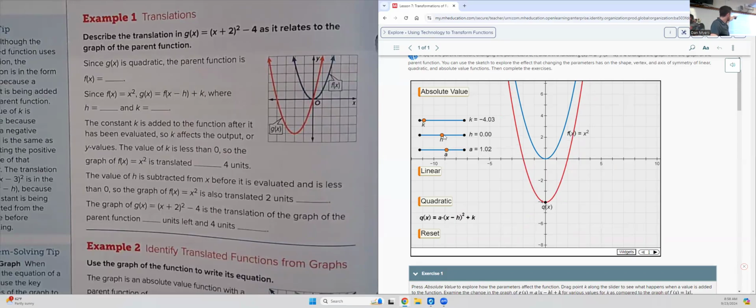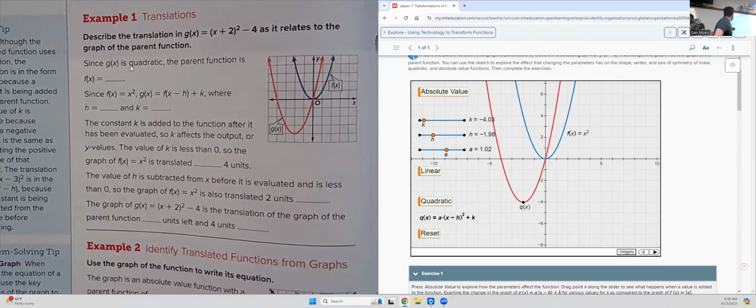It says plus 2, which means h would be negative 2. I'm going to get as close to negative 2 as I can. So if you look at the graph over here and you look at the graph there, those two things are roughly the same. Obviously, I can't get the exact values for h, k, and a because I can't type them in, but that's what we're looking at. Those two things mirror one another.